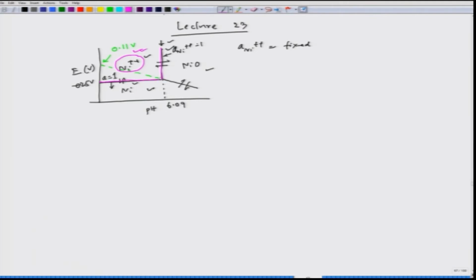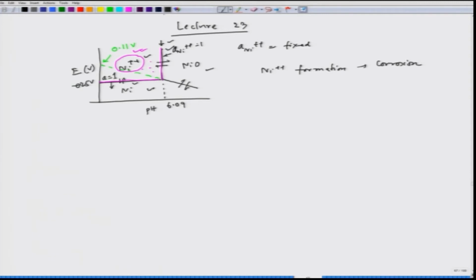At any such coordinate, Ni plus plus formation is nothing but corrosion. That means if we get ions of that particular metal, then it is actually dissolving in the solution, a water based solution, because it contains H2O, and that means corrosion.